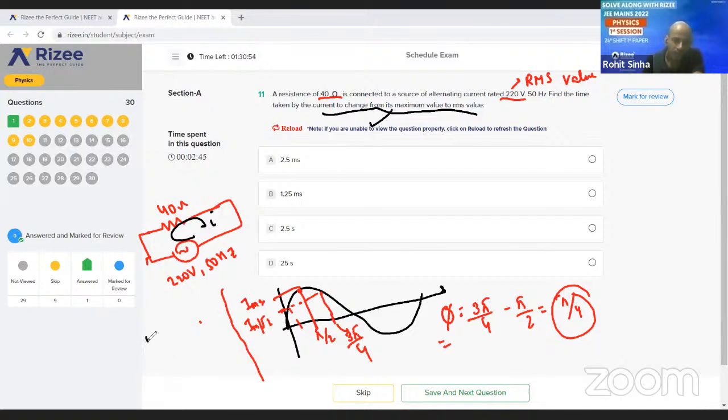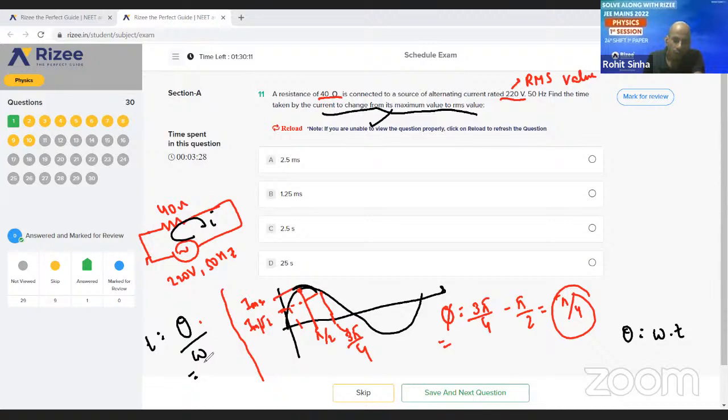We will write time is equal to how much? The displacement of the sinusoidal curve, that is the phase, how much it has moved from here to here. You remember circular motion, angular displacement is equal to angular velocity into time. So we can write time is equal to the phase difference, angular displacement, by omega.